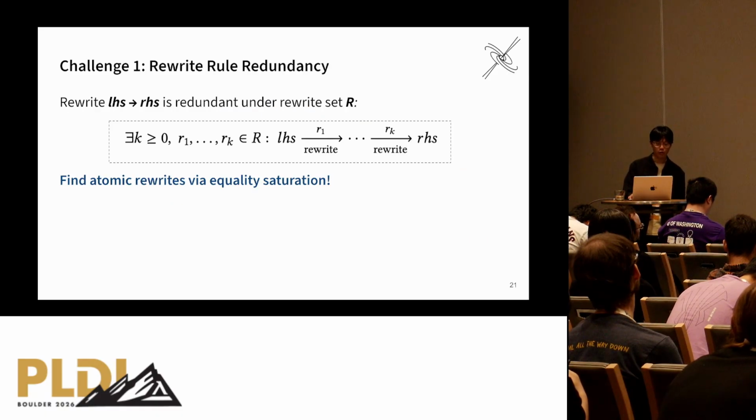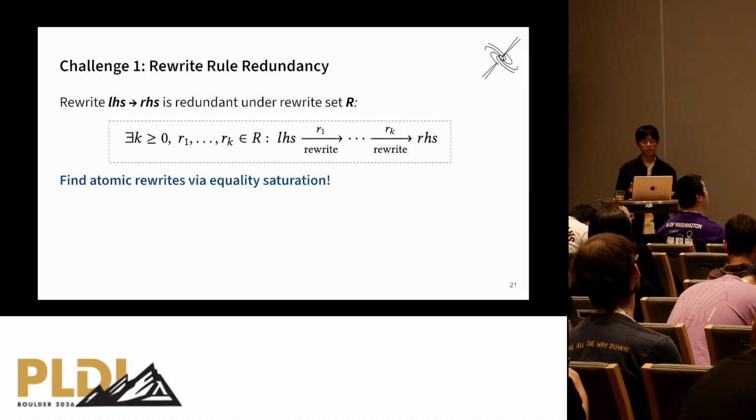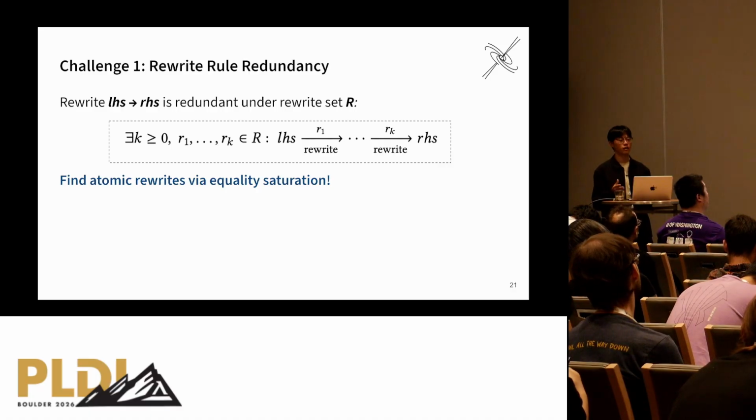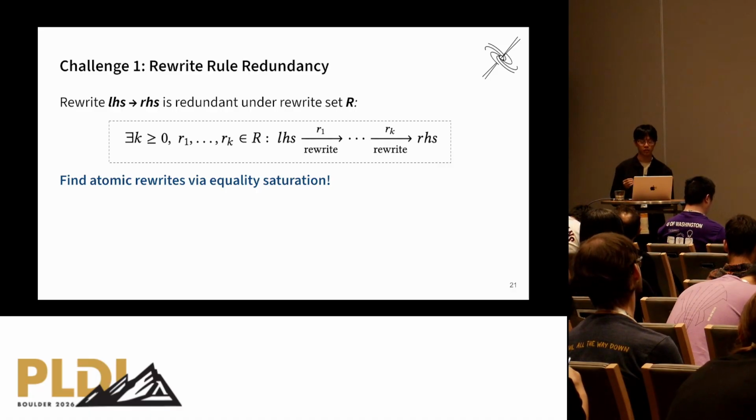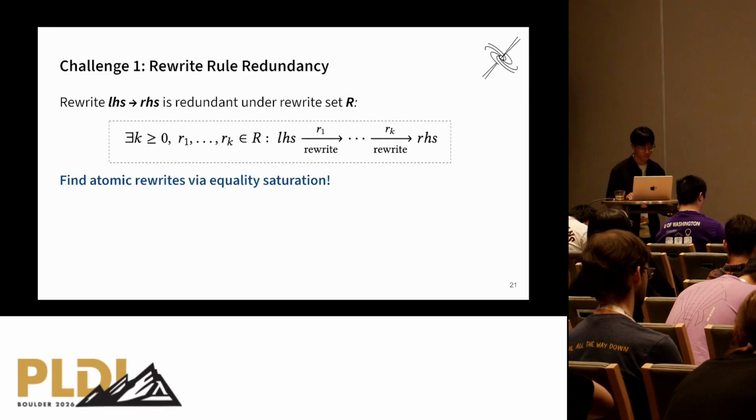So how can we find those? A rewrite is composable and redundant under a rewrite set R as long as it can be composed by a sequence of rewrites from the left-hand side term to the right-hand side term. Finding such atomic rewrites can also be done by leveraging equality saturation.